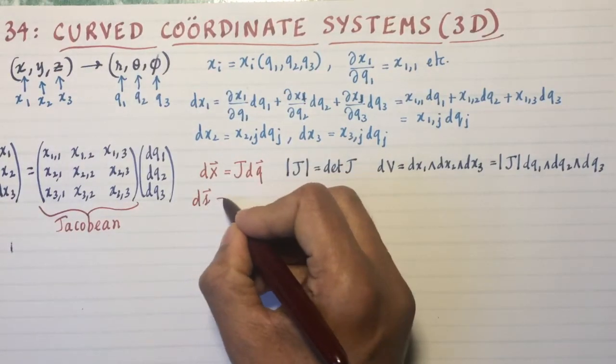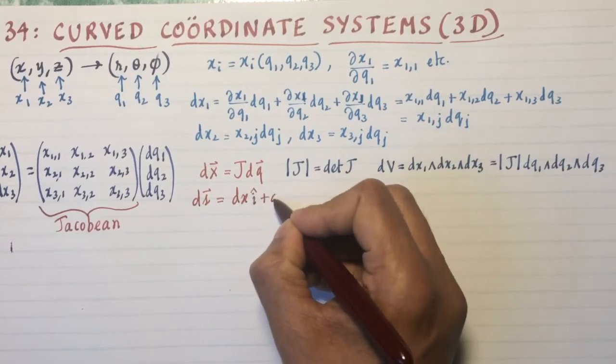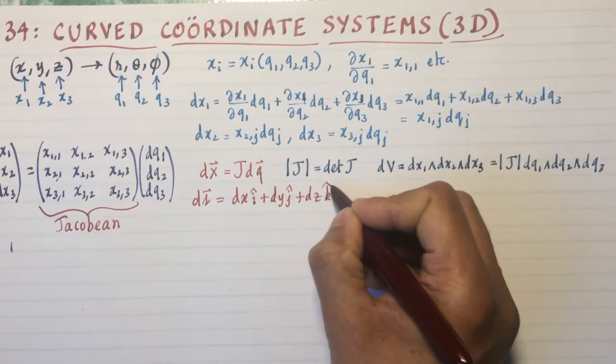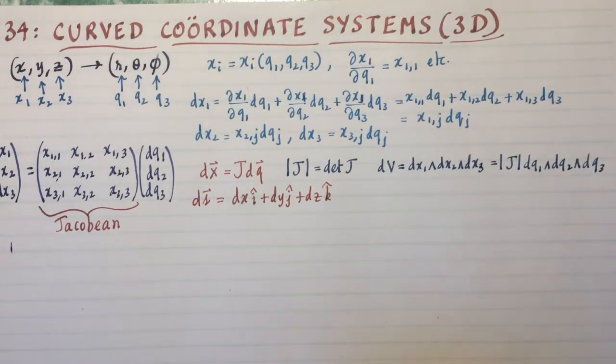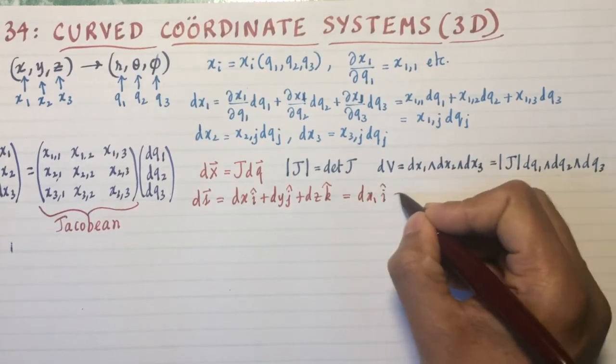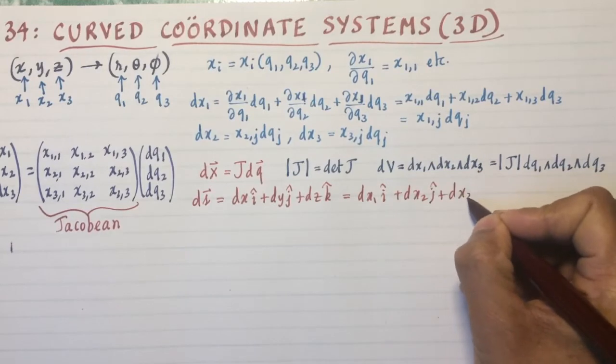Next, ds is dx i hat plus dy j hat plus dz k hat. That's just the way you would write it for Cartesian. Now I'll substitute for dx, dy, and dz, except this will be called dx1, dx2, and dx3.